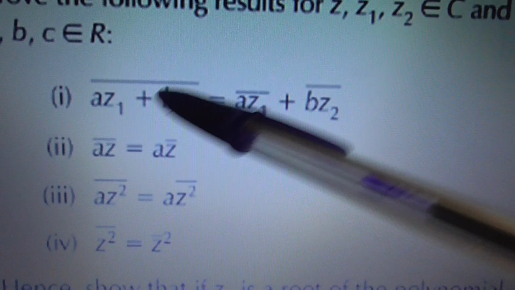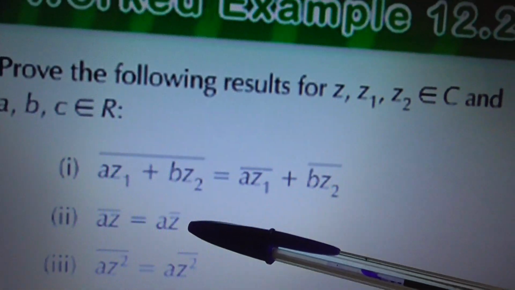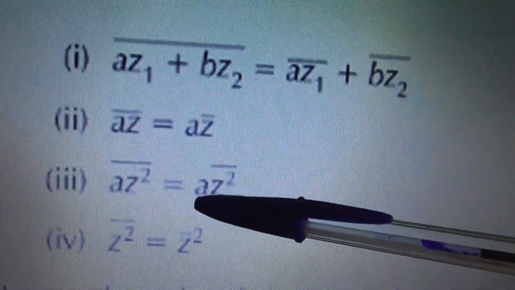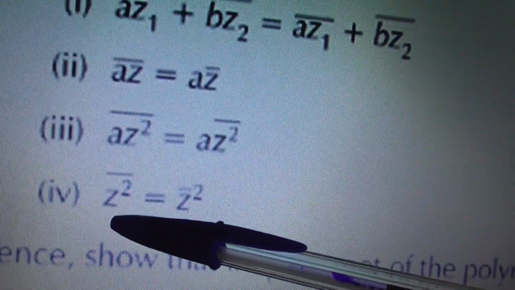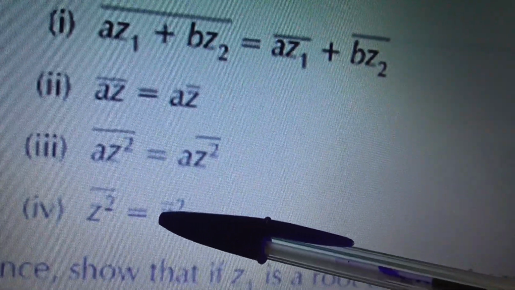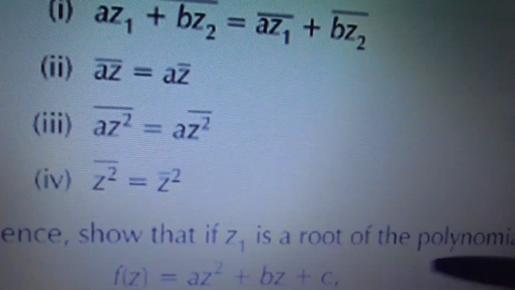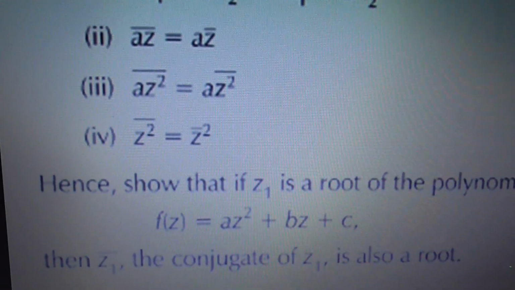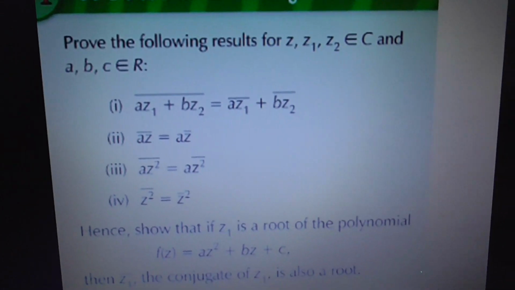The second one I want to prove is that az conjugate is equal to a times z conjugate. Part 3, az squared conjugate is equal to a times z squared conjugate. And part 4, z squared conjugate is equal to z conjugate squared. Hence, show that if z1 is a root of that polynomial, then z1 conjugate is also a root. So that's what I want to do in this example.